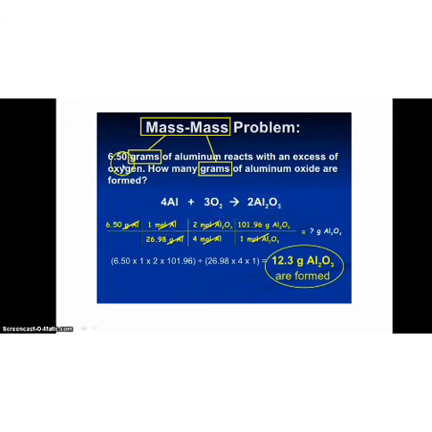Here 6.50 gram of aluminium is reacting. So 6.50 into 1 into 2 into 101.96 gram divided by 26.98 into 4 into 1.